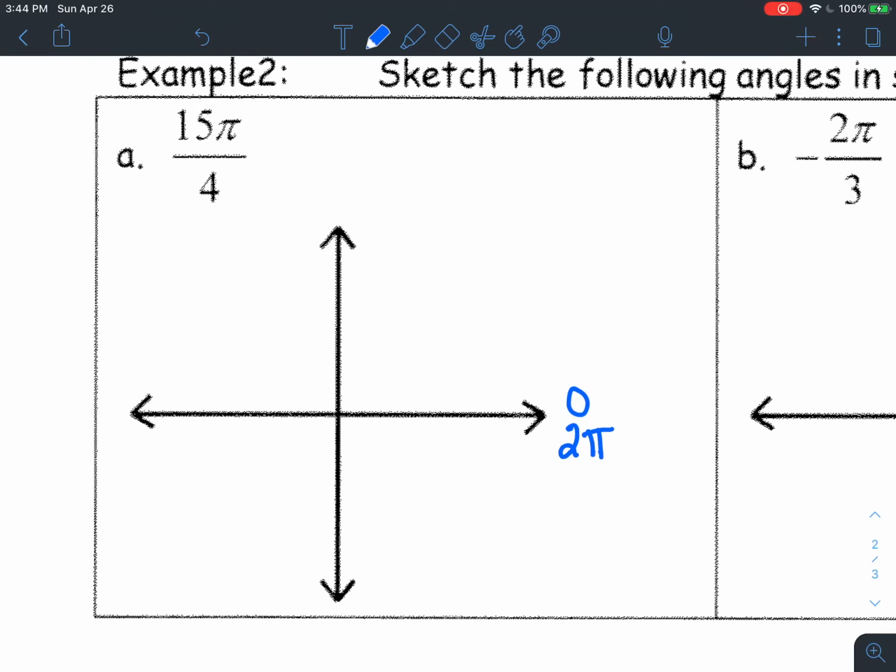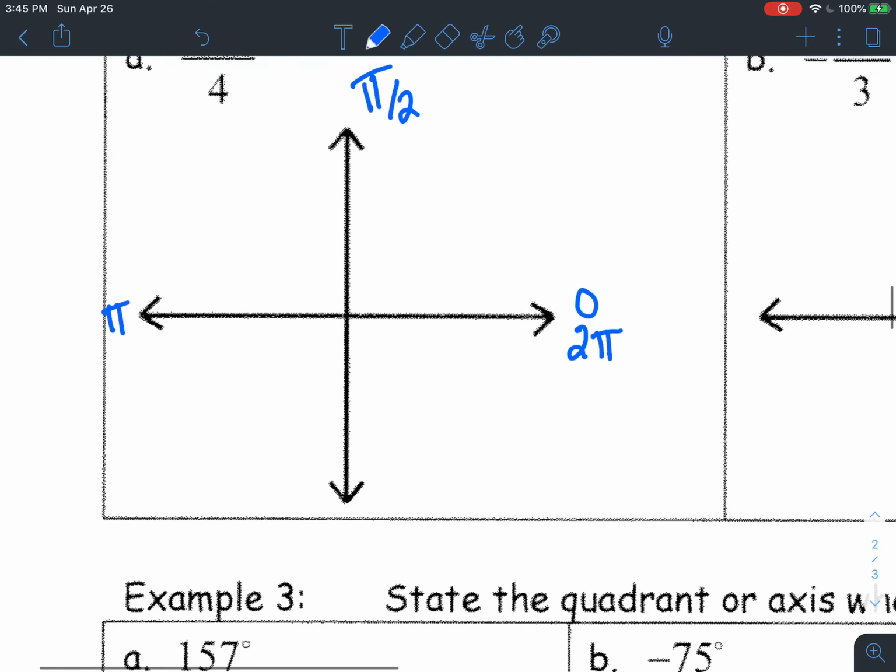So that means that 180 degrees, half of the rotation, would be half of 2 pi, which is just pi. So if I'm going halfway between 0 and pi, this would be pi over 2. And then halfway between pi and 2 pi would be 3 pi over 2.